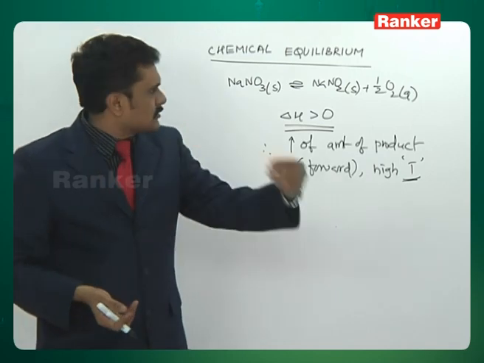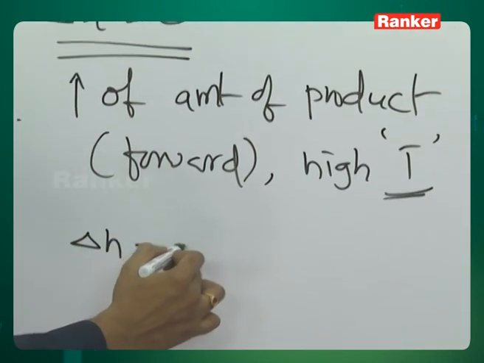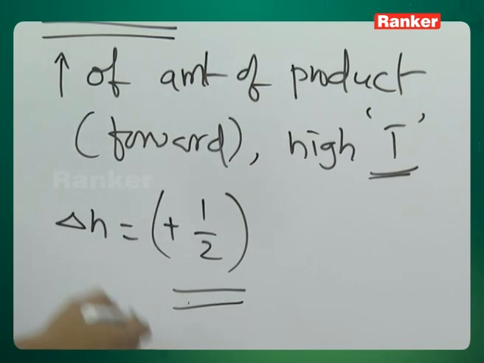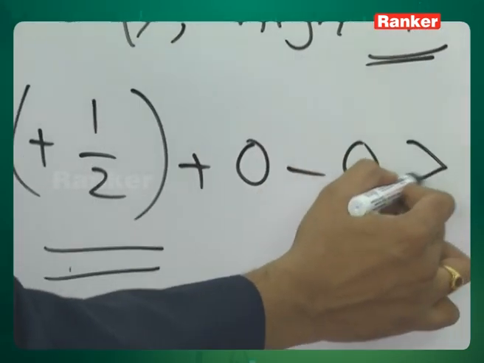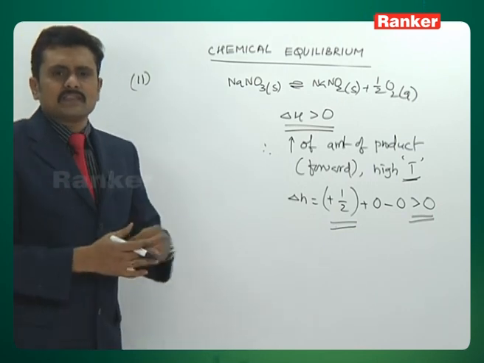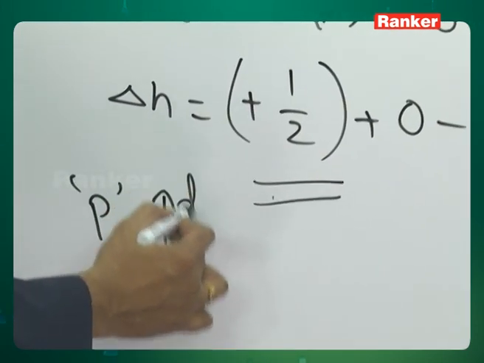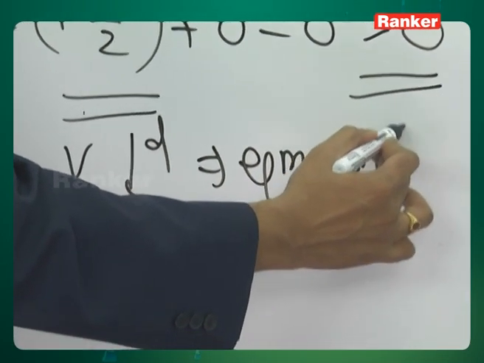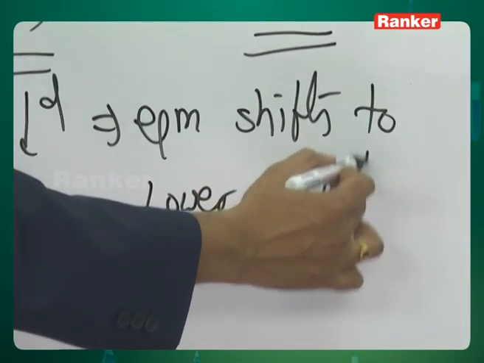Looking at another option, you can see that there are moles of gaseous products but the other components are pure solid. So delta N is positive, that is greater than 0. Now when I increase the pressure, the volume is decreased and the equilibrium shifts to the lower gas mole side.